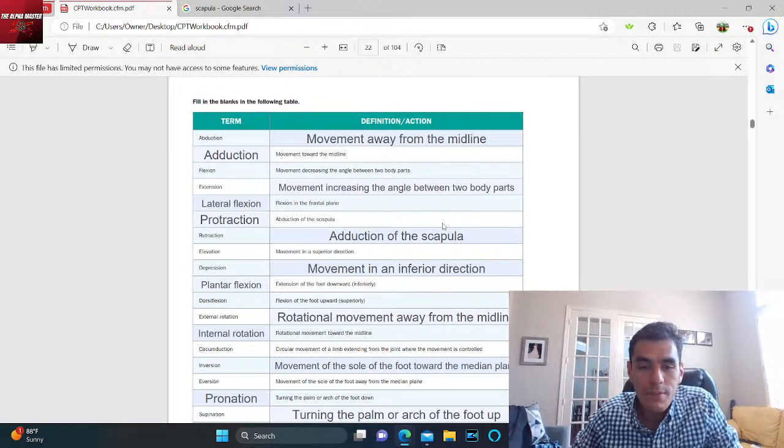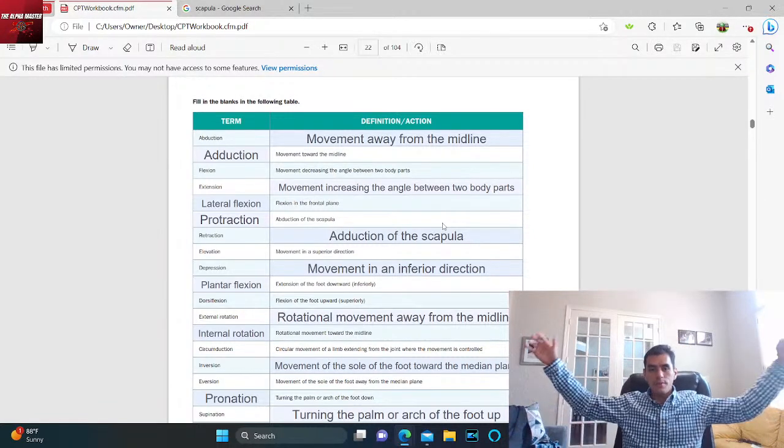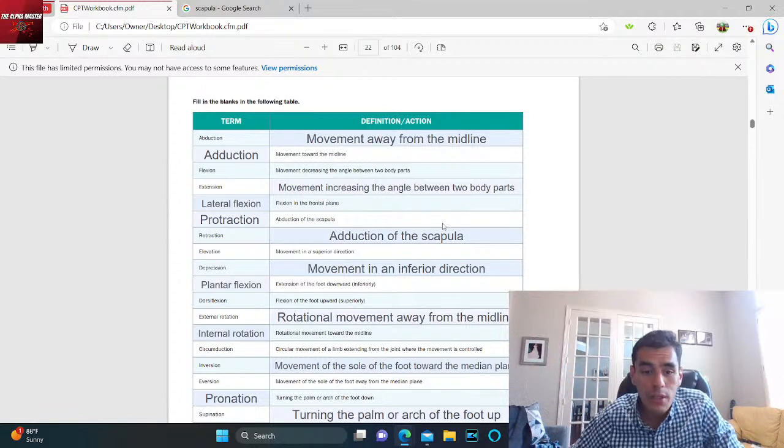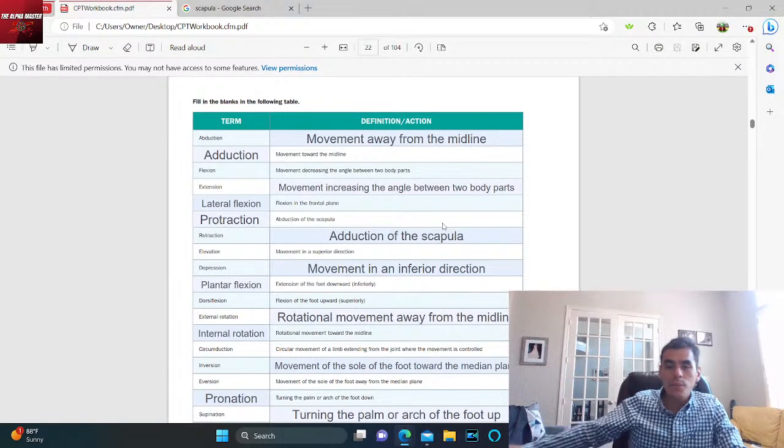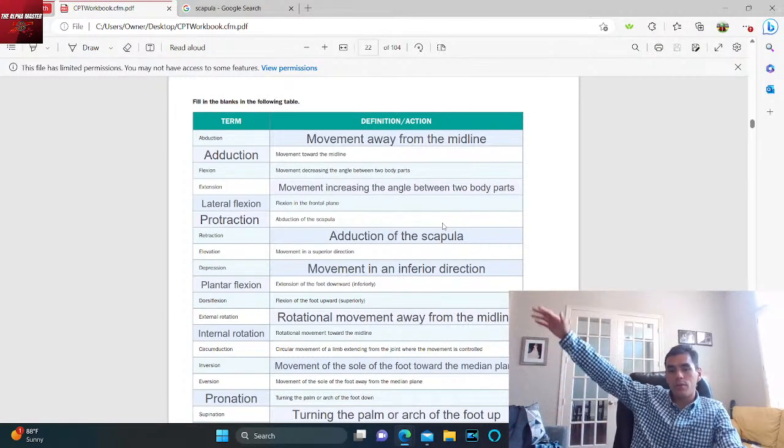Circumduction is circular movement of a limb extending from the joint where the movement is controlled. Both of these are circumduction, because you are doing a circular movement of a limb extending from the joint where the movement is controlled.